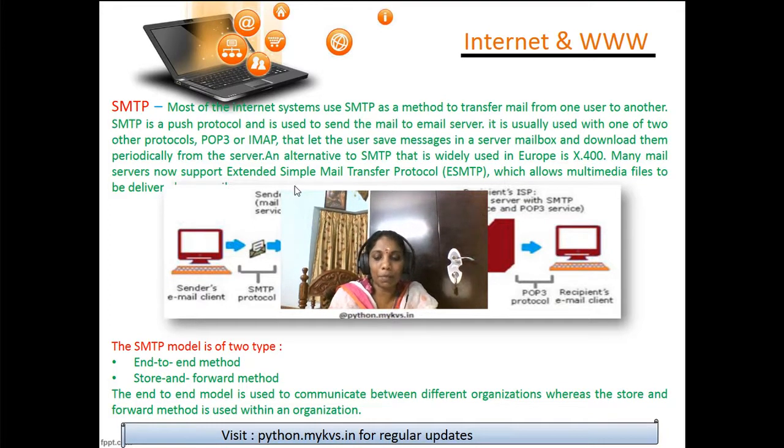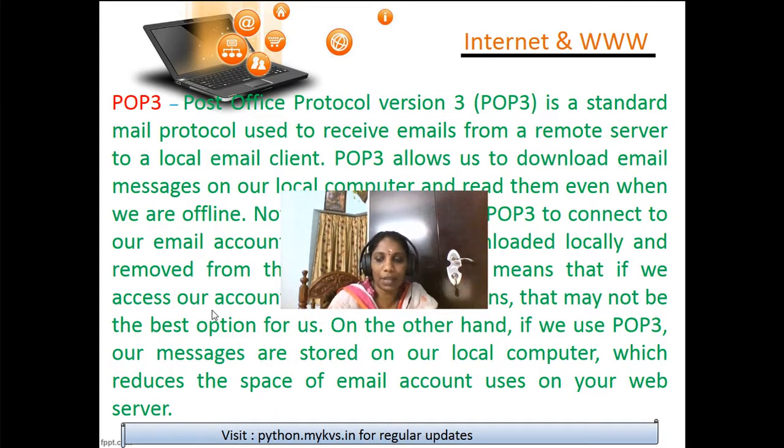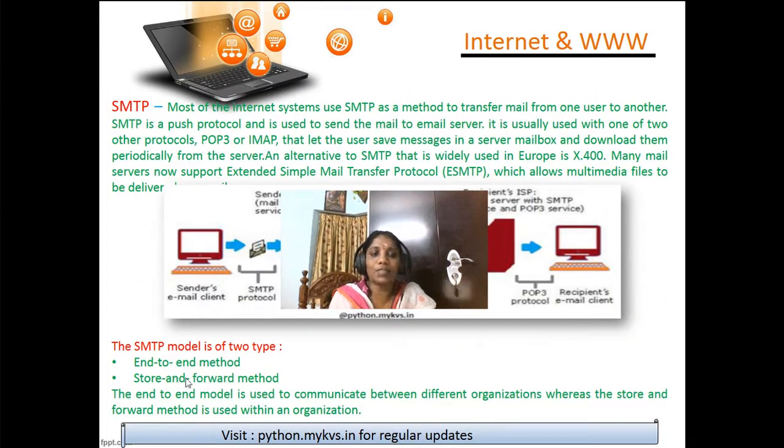Now the SMTP model is of two types. What are they? End-to-end and store and forward. The end-to-end method is used to communicate between different organizations. For example, if I wanted to send a message from my organization, shpublicschool.com, to rajagiri-school.com, that time the end-to-end method is used.